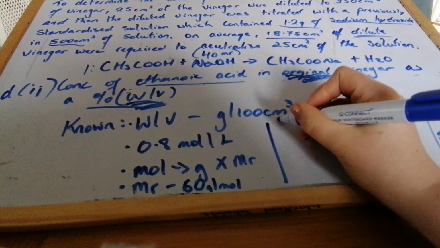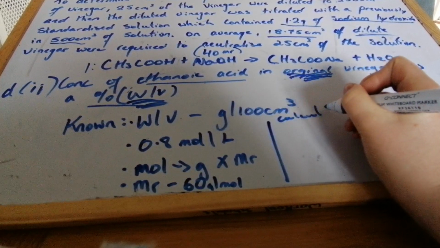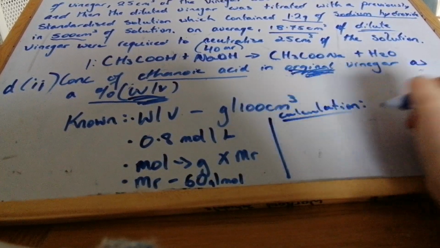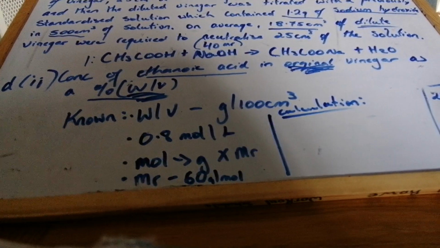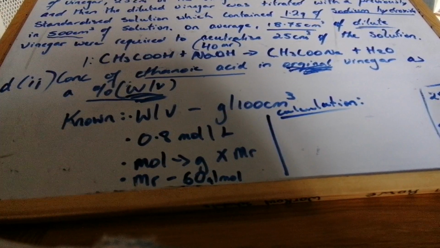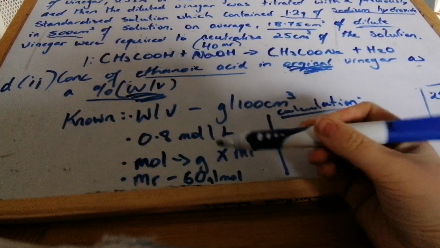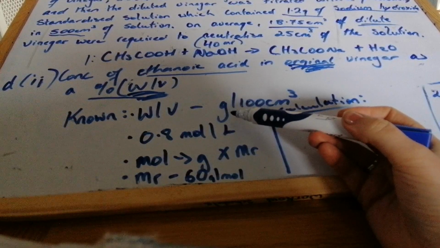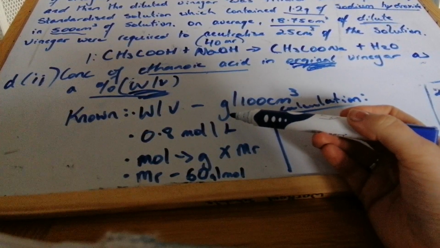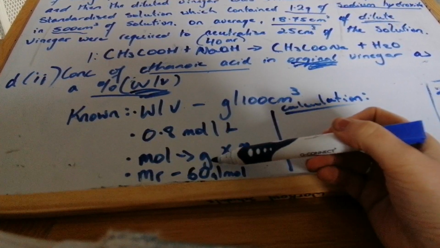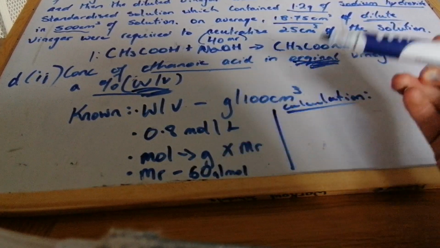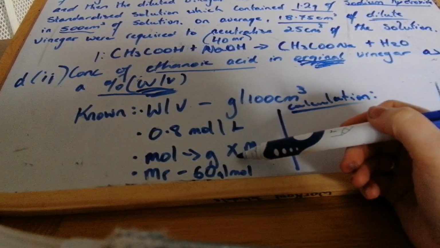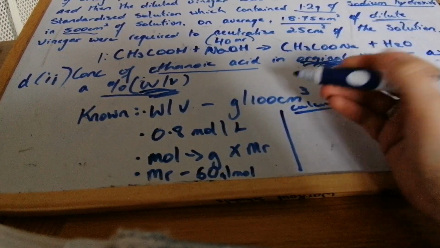Okay, so I'm going to do my calculation here. So calculation then, what do we have to do? The first thing I want to do is find out my number of grams. To go from moles to grams, I need to multiply my moles by my molecular mass.